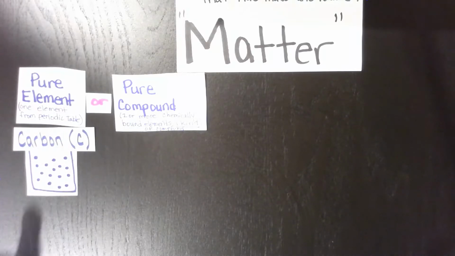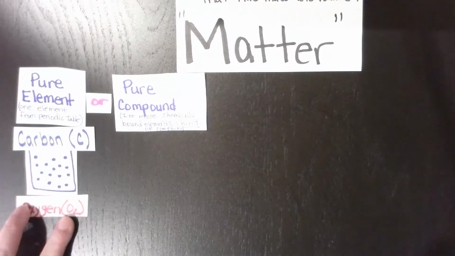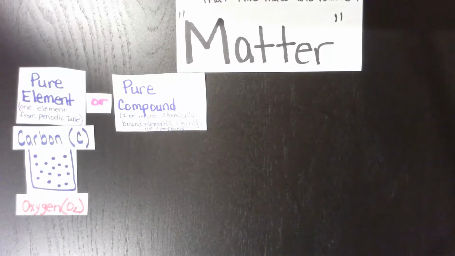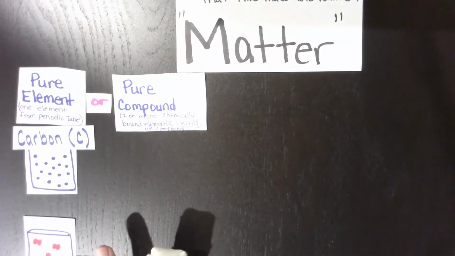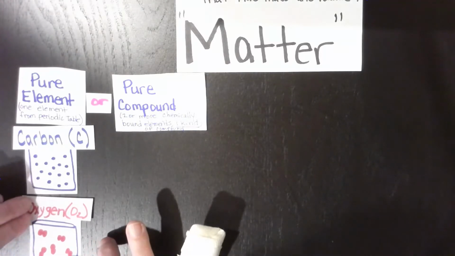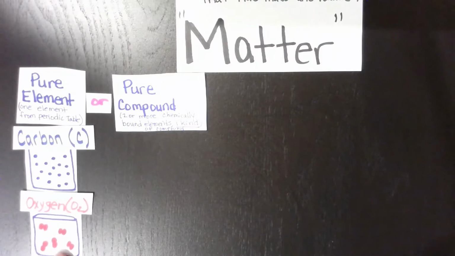Now, there are a few atoms on the periodic table that we've talked about previously that don't travel alone, and one of those is oxygen. Oxygen always has to be bound to another element. So when you see oxygen in a sample, you will see that there will be two of them attached to each other. And sometimes people confuse that as a compound.